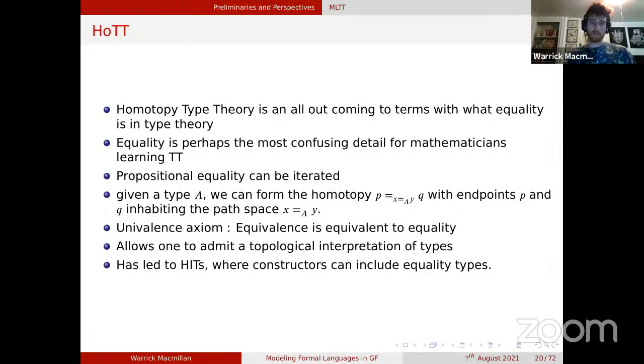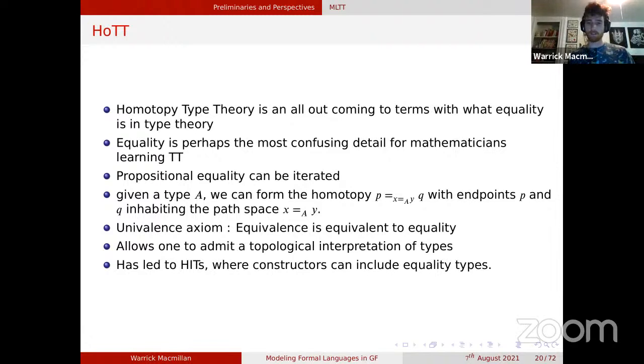So homotopy type theory, even more degenerate introduction to a very beautiful and worthwhile subject that we won't have time to discuss in any big details, but hopefully we can shed some light on why it's interesting. It's coming to terms with what equality means in type theory.